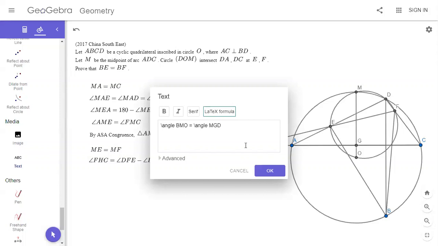And that's equal to angle MCD, which is equal to angle DCA minus angle MCA. So we want to show those two are equal.